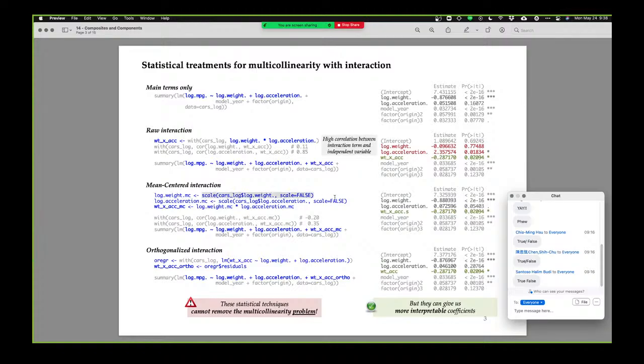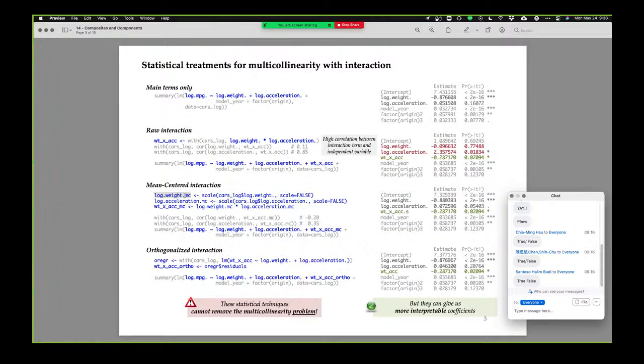Another way of doing that, I don't know if it's more readable or not, is to use a scale function and tell it not to divide by the standard deviation, just do the mean centering. The scale function will do just mean centering for you if you say scale equals false. If you don't say scale equals false, it will mean center and divide by the standard deviation and give you standardized values. But if scale equals false, we get mean centered values.